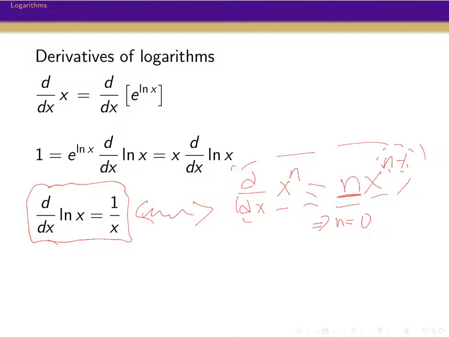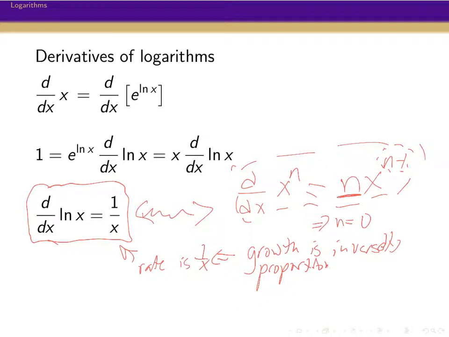If you think about a derivative as talking about a rate, well, if the rate of something is 1 over x, that means that it's inversely proportional to whatever it is. So if the rate is 1 over x, that means that growth is what we'd say is inversely proportional to whatever x is.